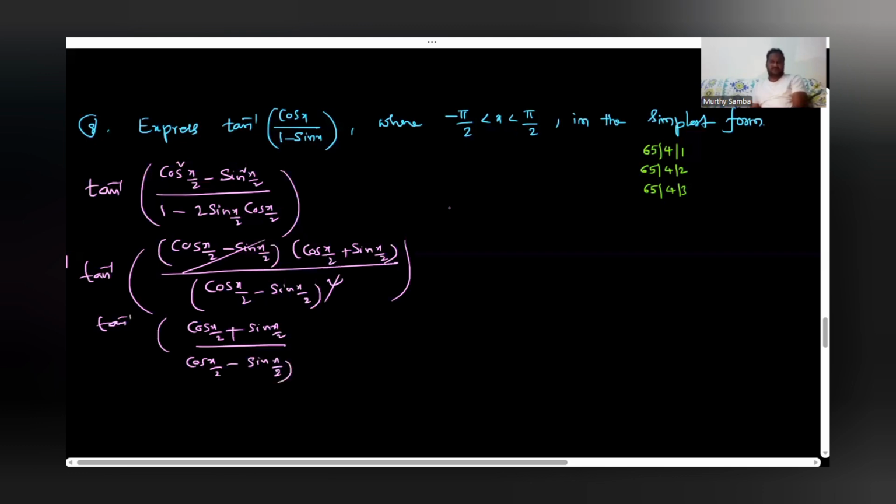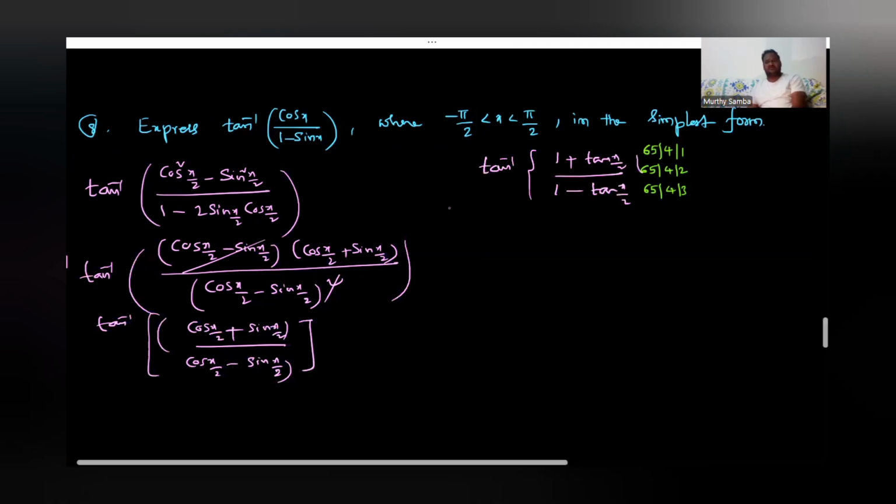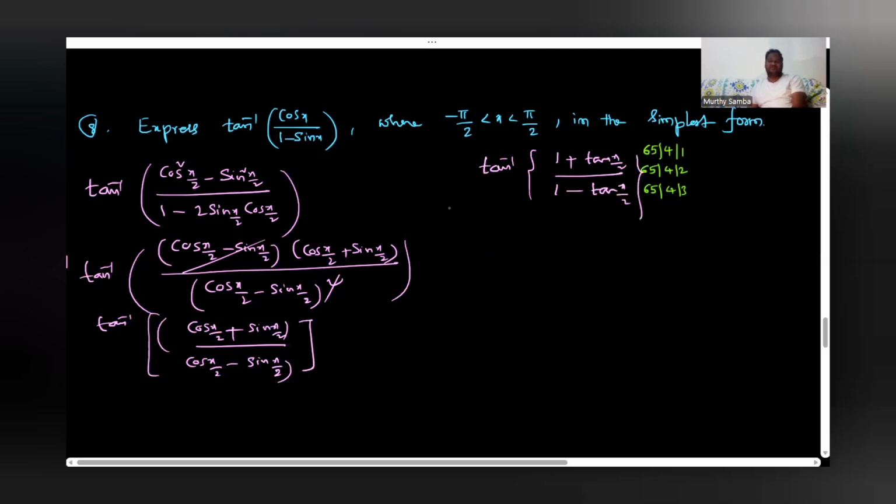Now, if you divide this entire bracket by cos x by 2, then cos x by 2 by cos x by 2 is going to be what? Tan inverse of cos x by 2 by cos x by 2 is 1 plus sin x by 2 by cos x by 2 is tan x by 2 whole divided by, again, cos x by 2 by cos x by 2 is 1 minus tan x by 2. Do you remember what it is? Basically 1 plus tan x by 2.